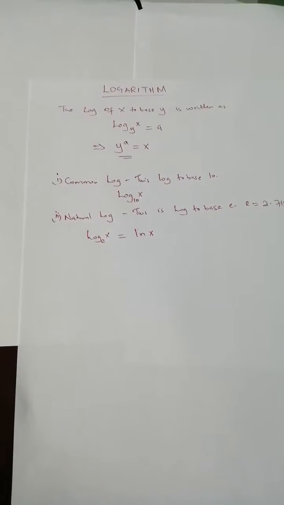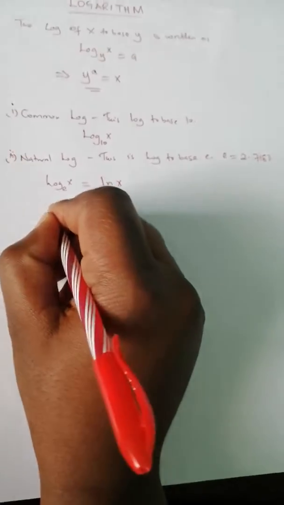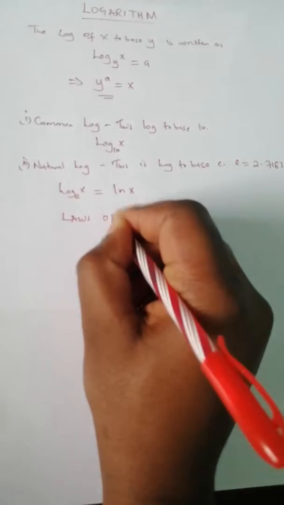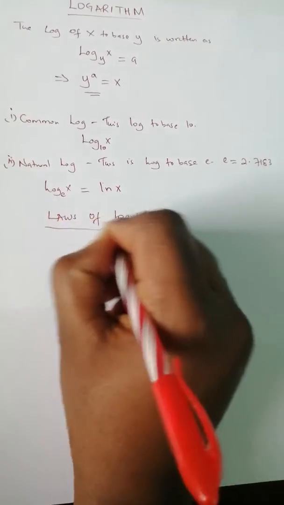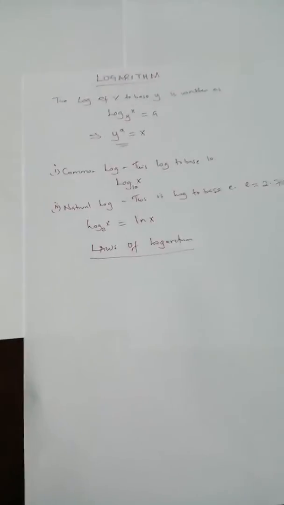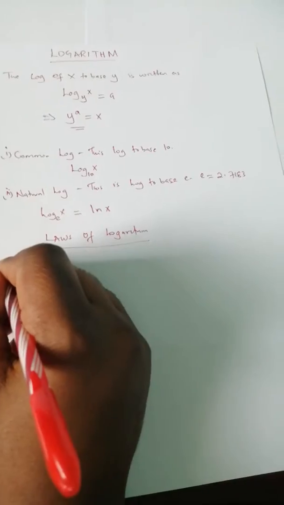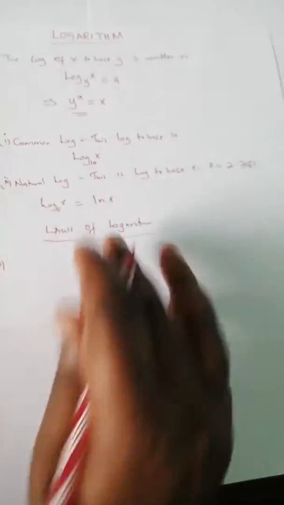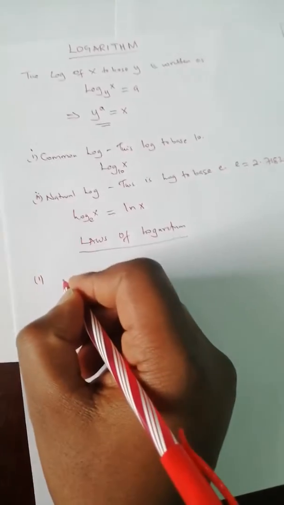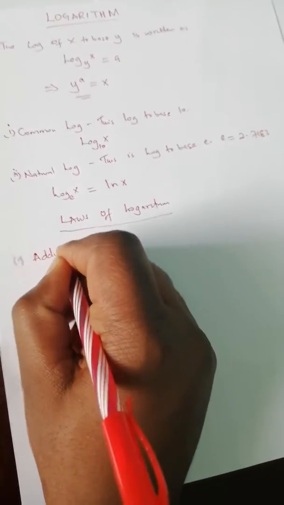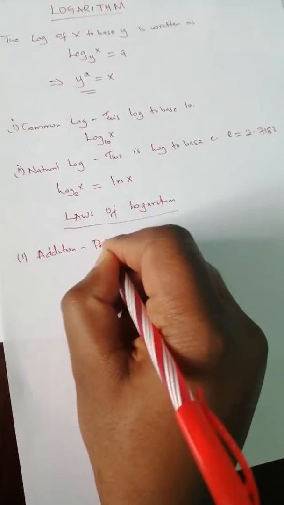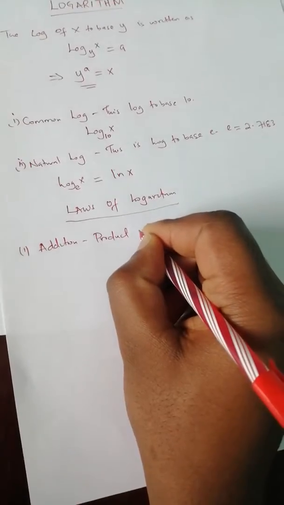So let's go direct to the rules of logarithm. Laws of logarithm. To start off, we shall start with the first rule. Because it involves addition and multiplication, we can call it the addition product rule.